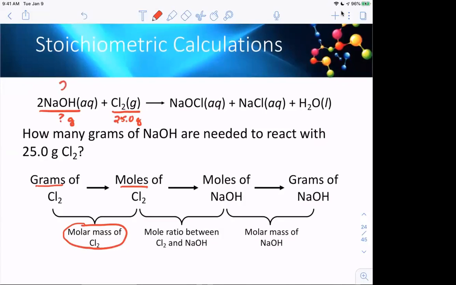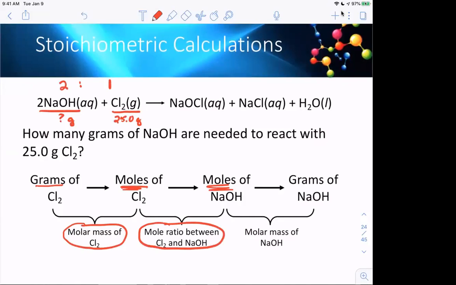This is a 2-to-1 mole ratio between sodium hydroxide and chlorine. So I'm going to use that to convert between the moles of chlorine to the moles of sodium hydroxide that I need in order to react with that amount of chlorine.